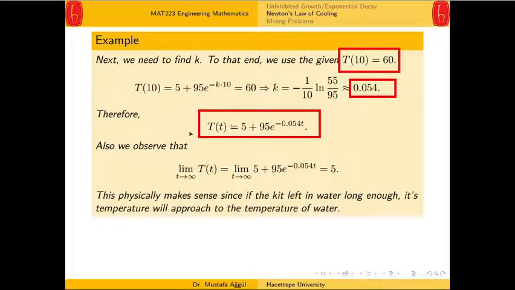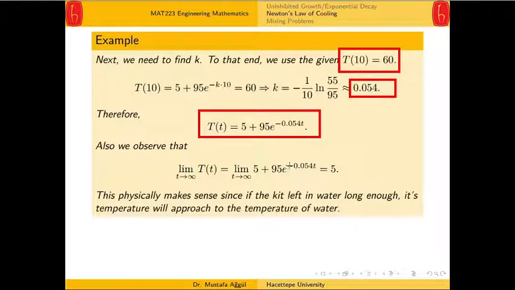Also, we can let the time go to infinity. If we put the kit in the water and wait really long, what happens to the temperature of the kit? This means we need to take this limit and see what is really happening. As t approaches infinity, the limit of 5 plus 95 e to the negative 0.054t, and we know as t approaches infinity, e to the negative infinity will be basically 0.